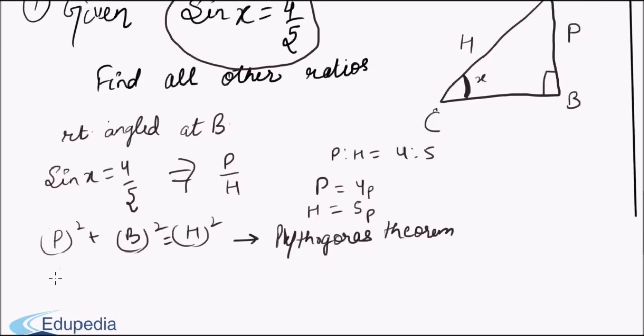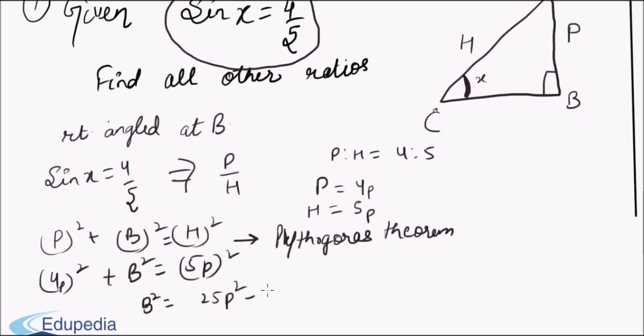Now, perpendicular is 4p, so its whole square plus B square equals 5p whole square, which means B square equals 25p square minus 16p square, or 9p square, which gives us B as 3p.